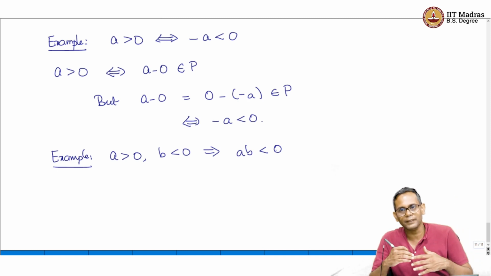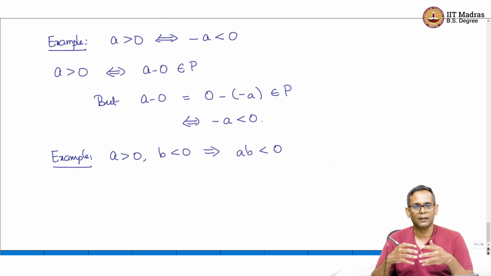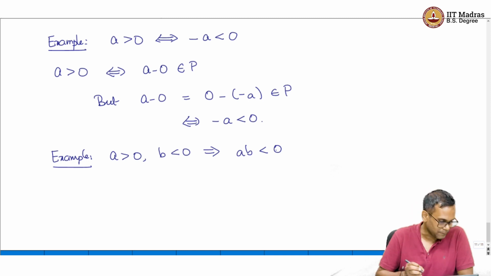But it is important that you only use the axioms to prove this, because we are developing the theory of real numbers purely axiomatically, so that there is no ambiguity about what the real numbers are. We do not want to rely on intuition. We want to develop mathematics from axioms.